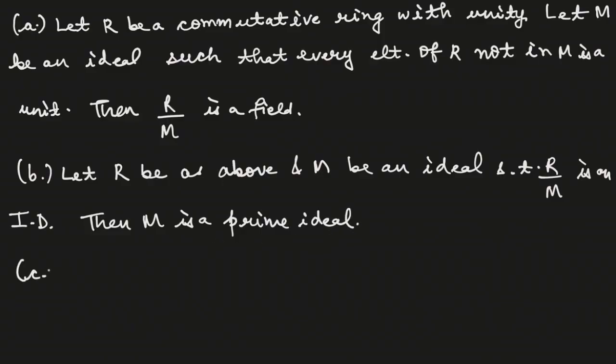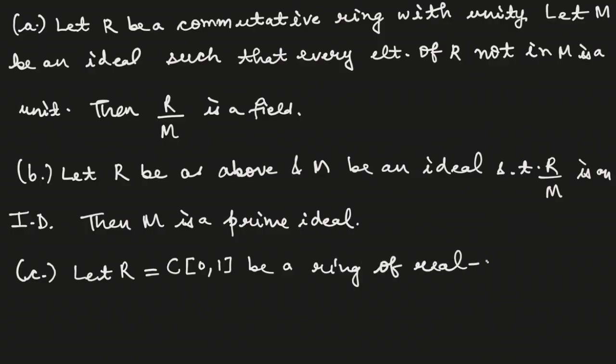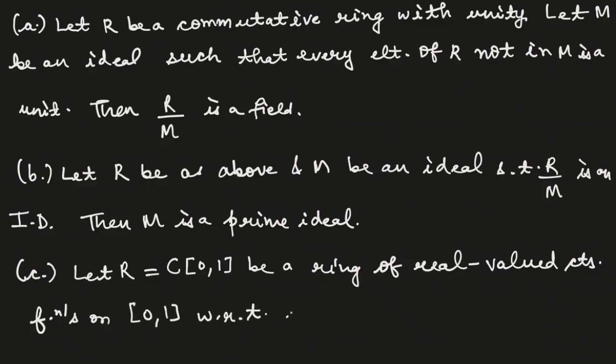C part: let R = C[0,1] be the ring of real valued continuous functions on the closed interval [0,1] with respect to pointwise addition and pointwise multiplication.